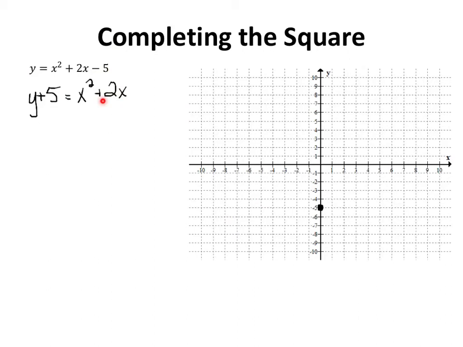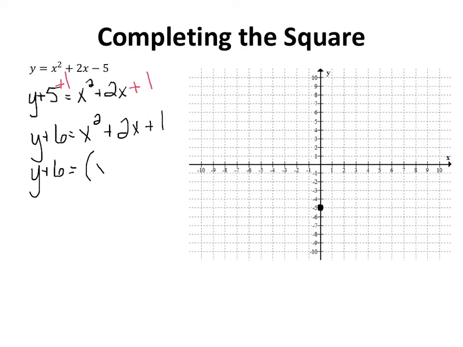So I get to add 1 to the right-hand side of the equation, but the rules of algebra always apply, so I also have to add 1 to the left. What happens when I simplify? Now my right-hand side is a perfect square.